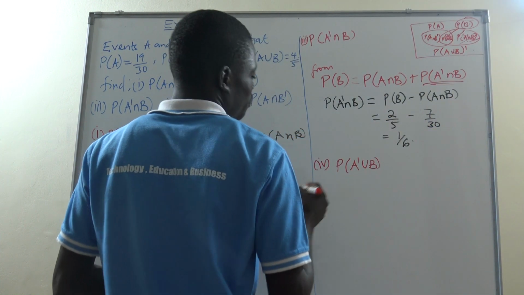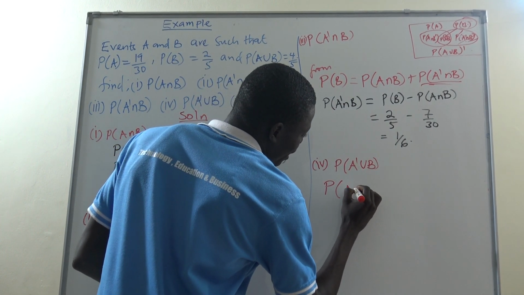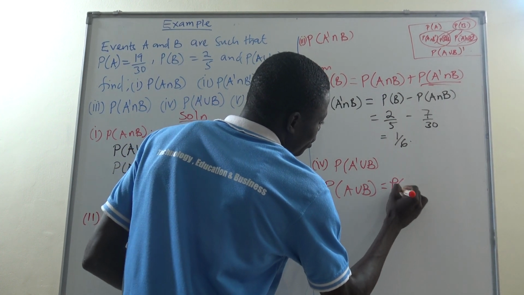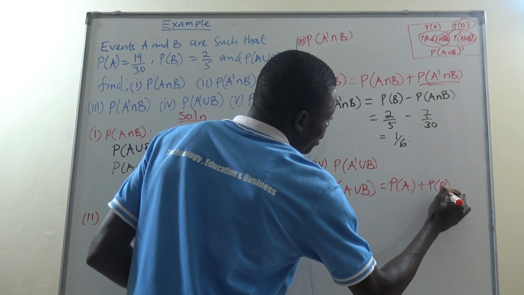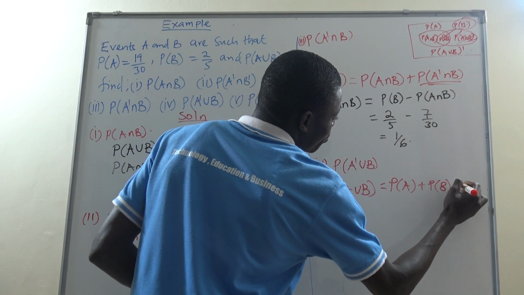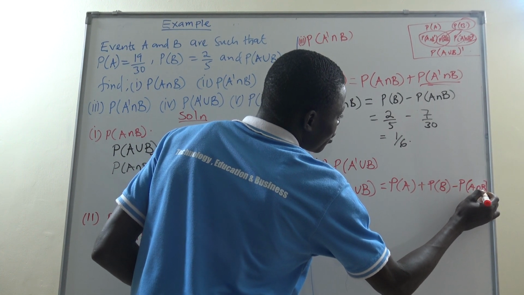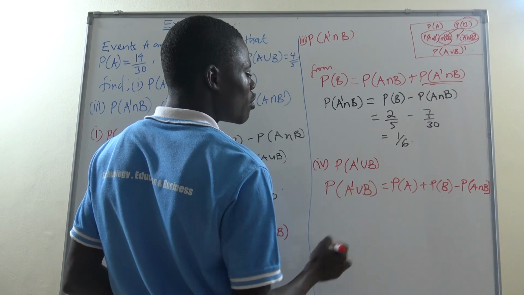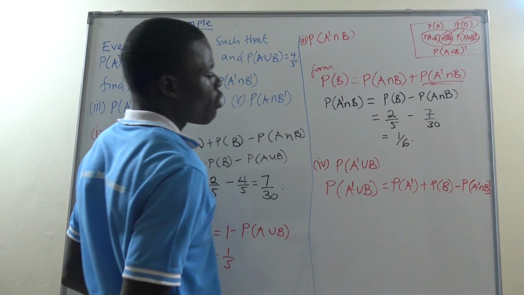So probability of A union B is given by probability of A plus probability of B minus probability of A intersection B.